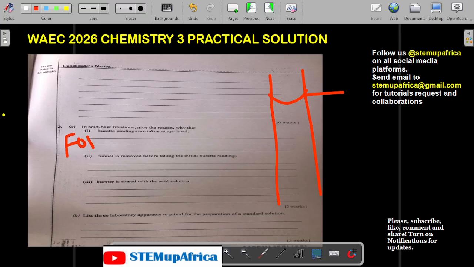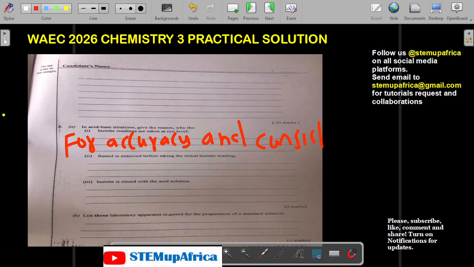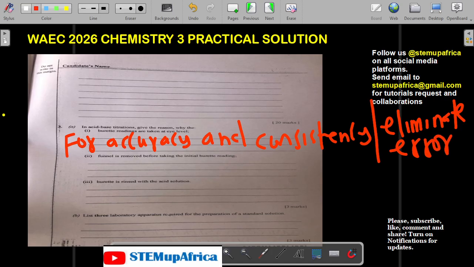For accuracy and consistency. Another reason is to eliminate error. So that is the reason. The funnel is removed.